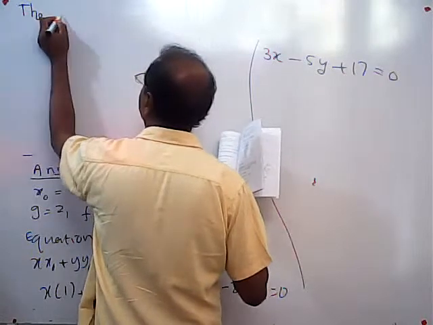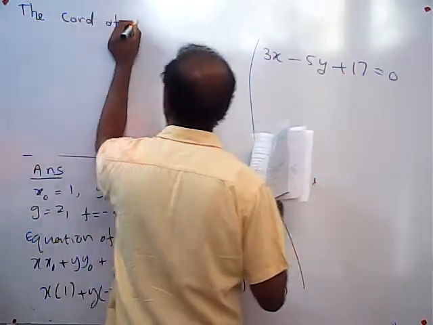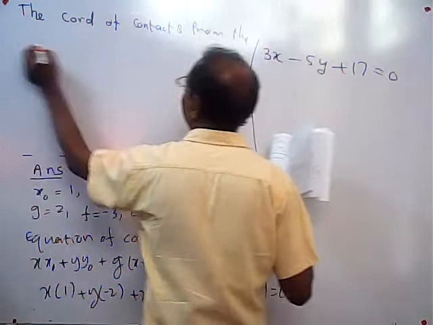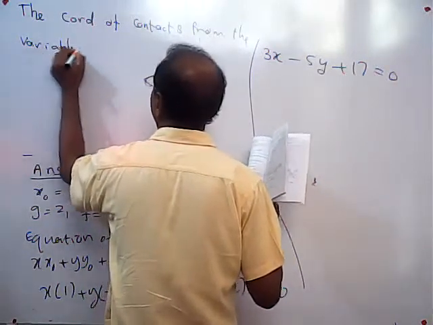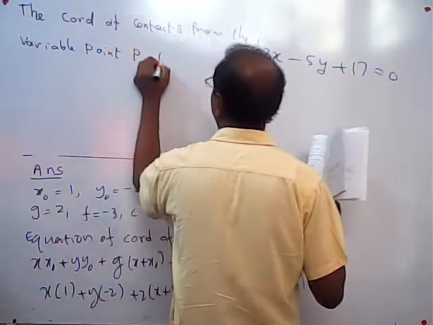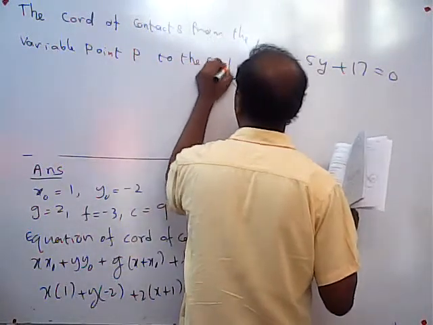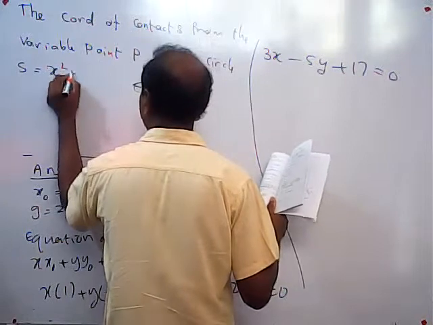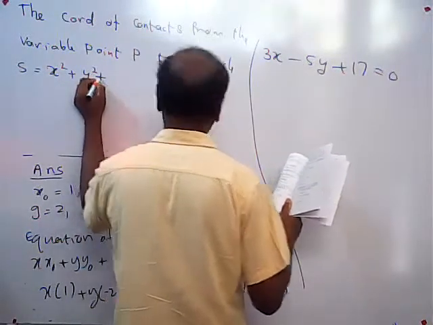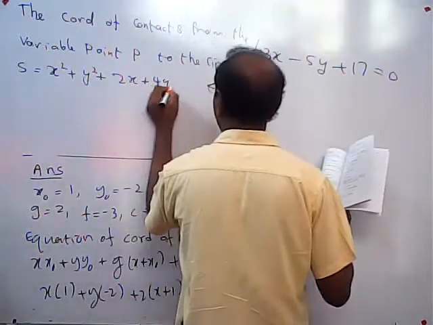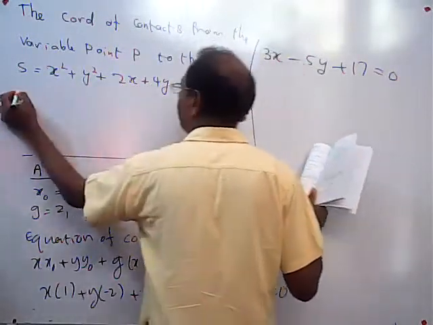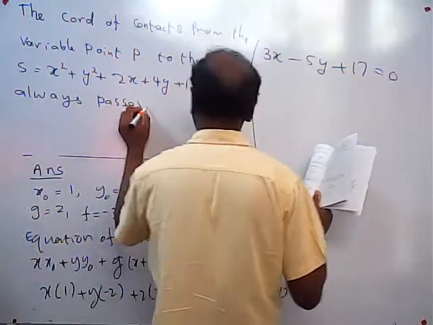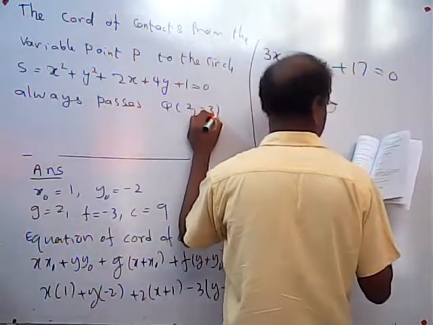The chord of contact from the variable point P to the circle x squared plus y squared plus 2x plus 4y plus 1 equals 0 always passes through Q(2, -3).